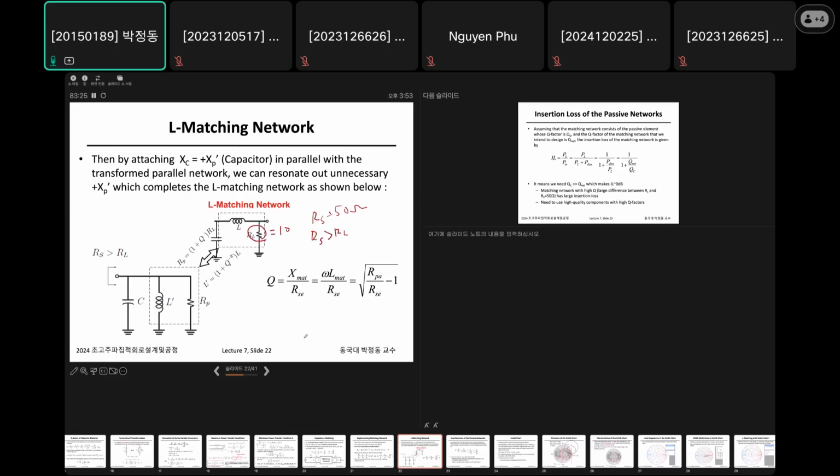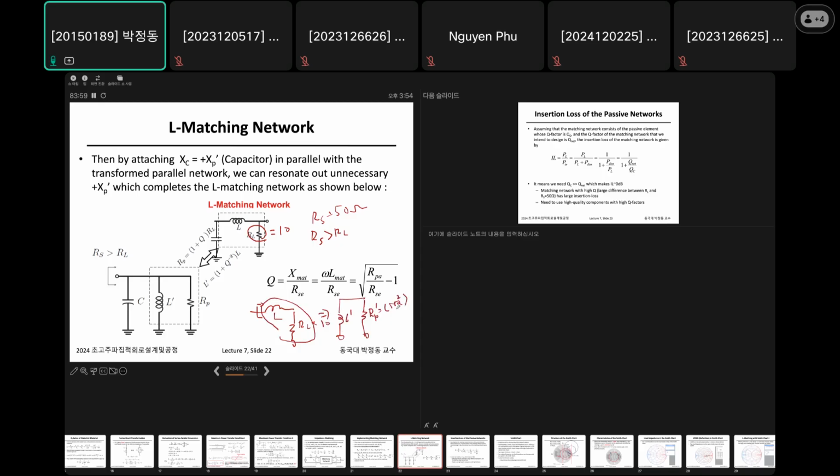Since RS is larger than RL, I need to put a series network with RL to increase impedance. In this case, I put an inductor. So once I have this, I may just convert it into a parallel network. And this is L prime, this is RP prime, which is RL times 1 plus Q square.